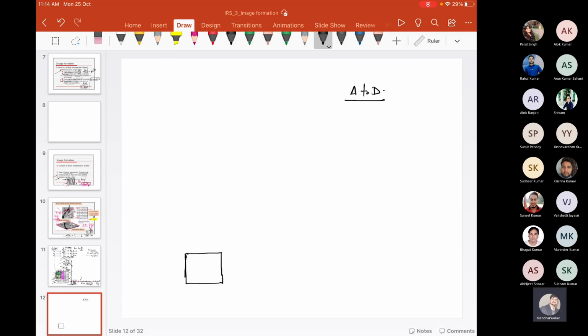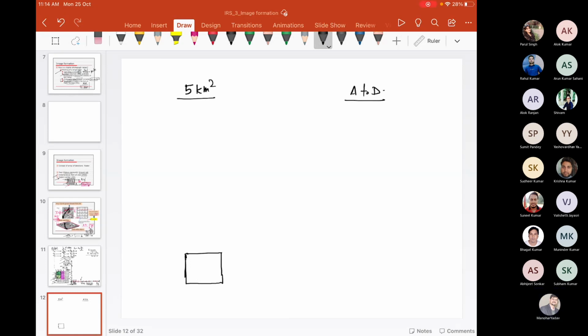Let's say we select a particular area, and that area is being imaged using a sensor system, and let's say the total area being imaged is 5 kilometers square.